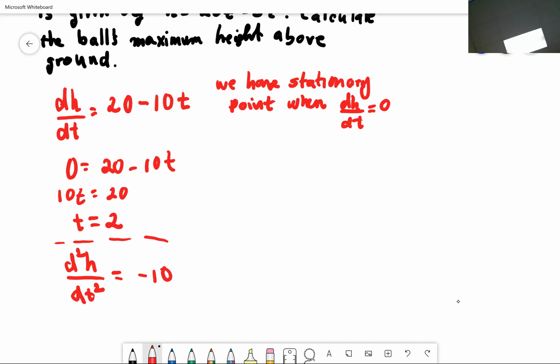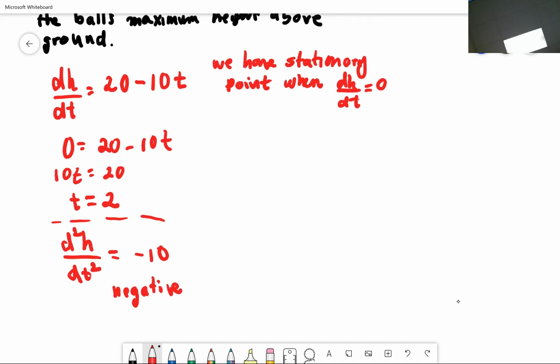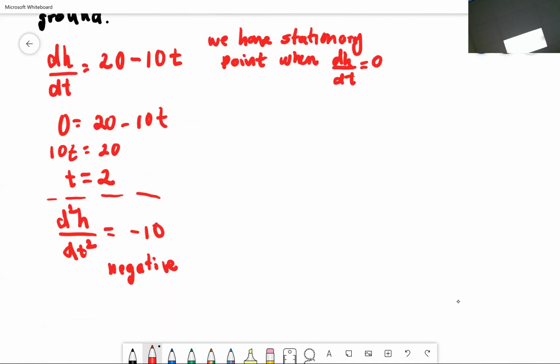We said that if it had a negative concavity, meaning it's less than 0, it will be a maximum.